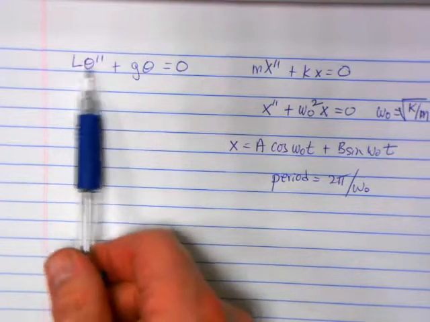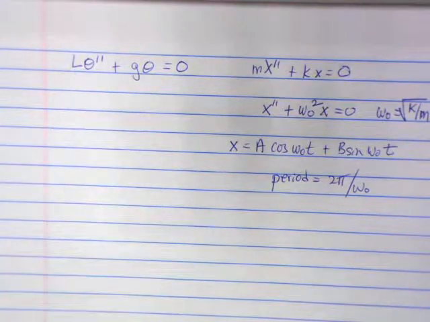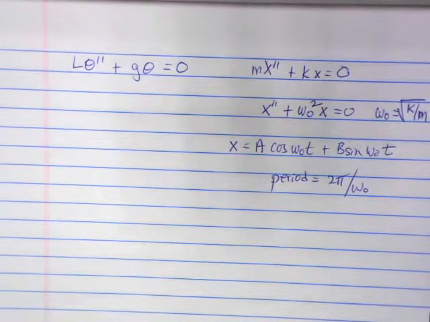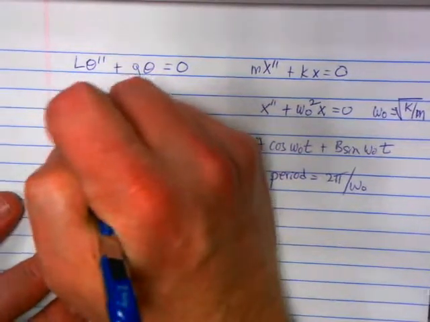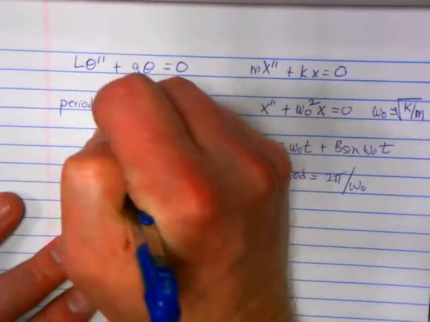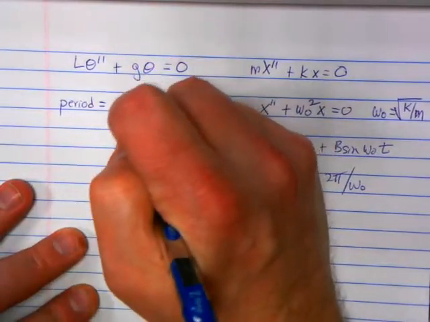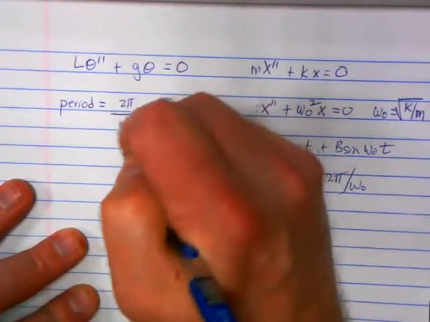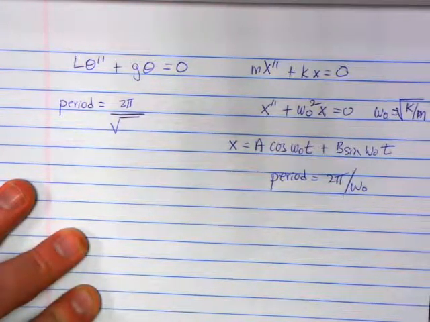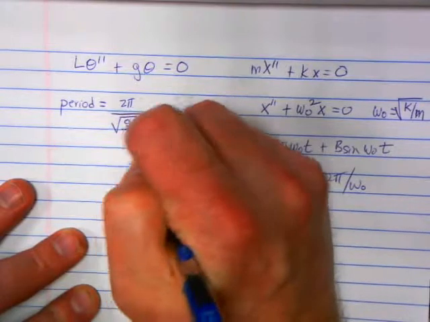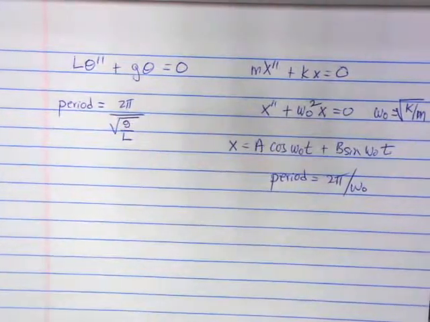How is this equation over here any different? It's got different letters. Otherwise, it's absolutely no different. Yeah, it's got an L and a theta. So our period is going to be 2 pi divided by the square root of G over L.